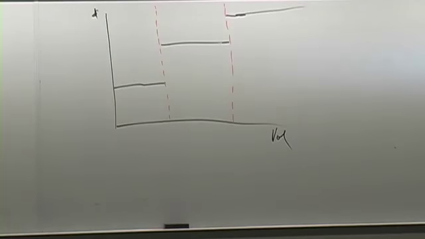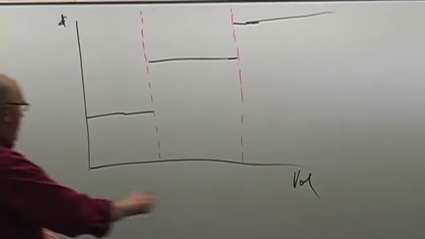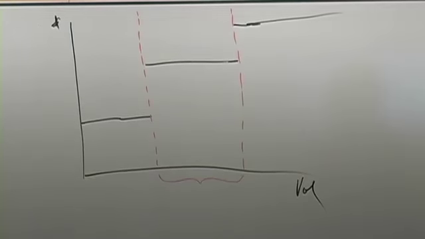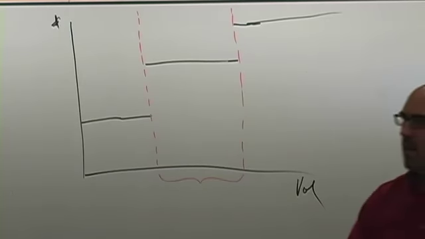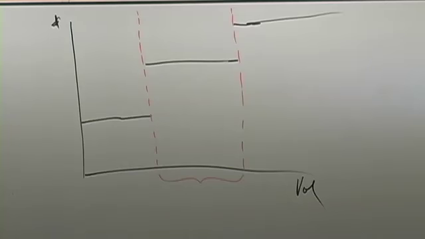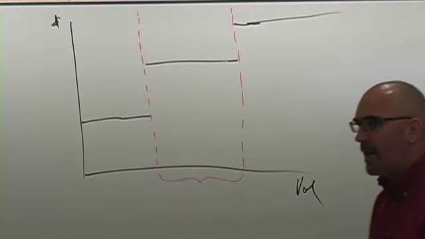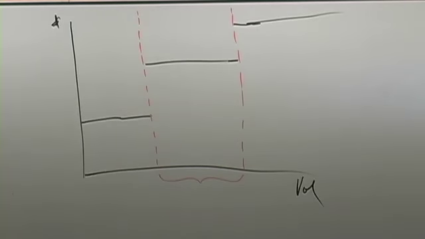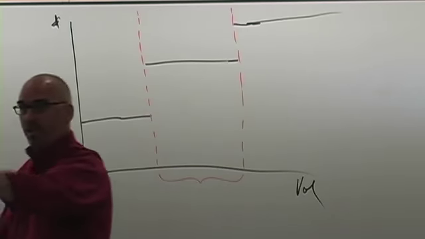Now, if I ask you, Megan, if I ask you to define this, the cost between those two orange lines, what is that? It's on the board. Ah, that's a good question. Thank you. Yes.